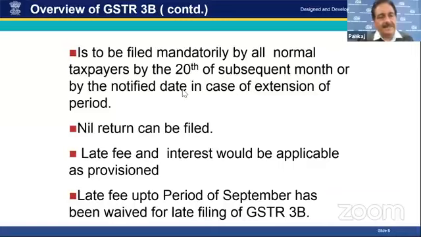There are stipulations that even if there is no business activity, the taxable persons should file a nil GSTR 3B return. So there is no exemption for filing the GSTR 3B return, even if there are no business activities. Late fee and interest would be applicable as provisioned, but recently, for July, August, and September, the late fee has been waived off by the government for late filing of GSTR 3B.